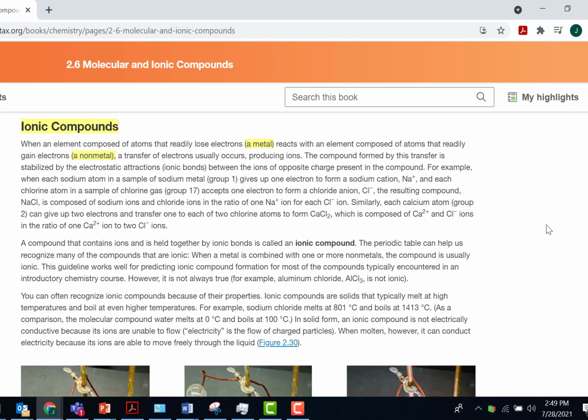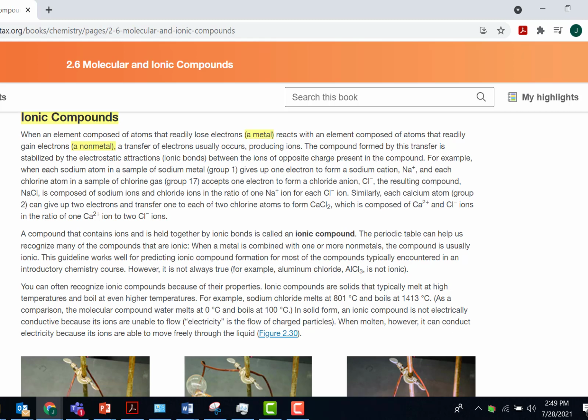These ionic compounds will tend to be crystalline structures with very high melting points. A great example of this would be table salt. If you think of table salt, you don't really melt it. It's more of a crystalline structure, but it does dissolve in water.